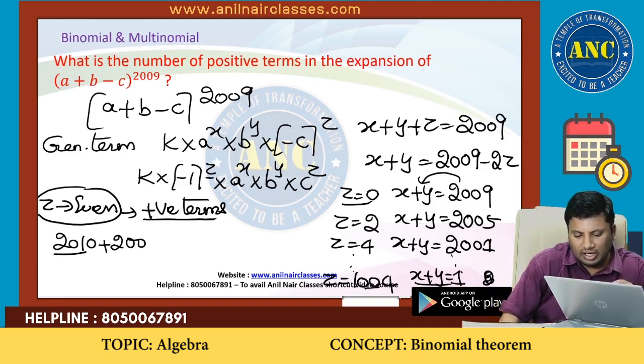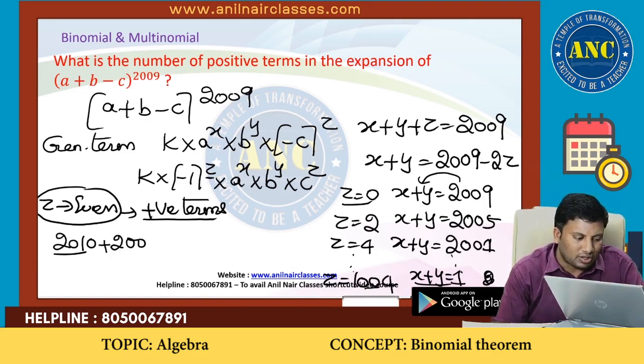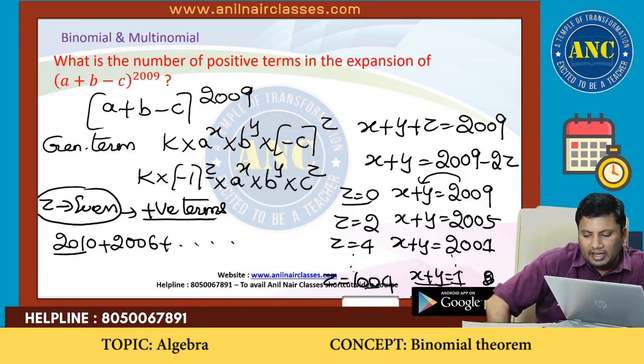So if z is even, 2, 4, 6. 2009, it is 2010. 2005 plus 2 is nothing but 2007, and so on up to all these things. I hope the idea is clear.